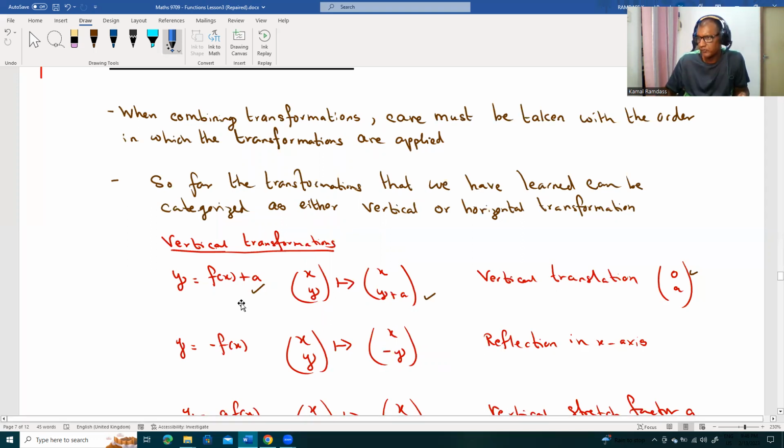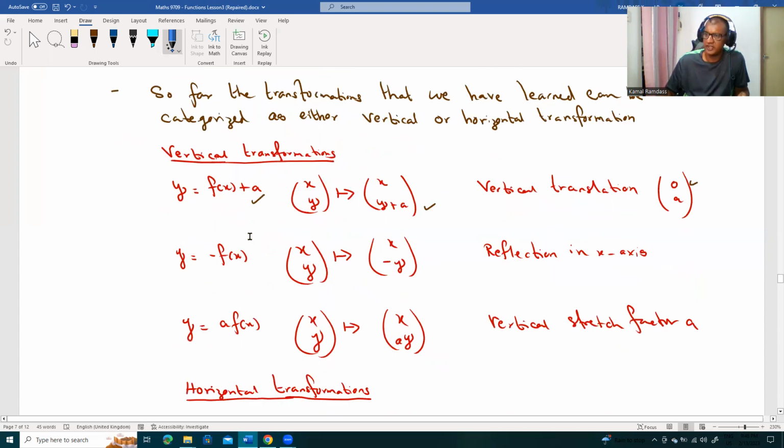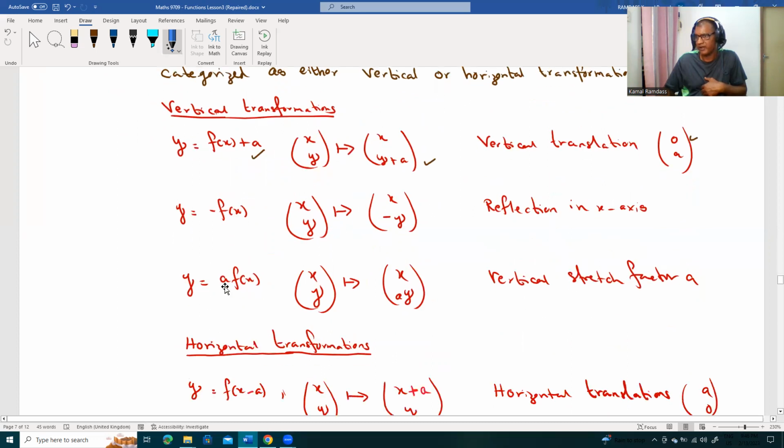The vertical transformations are translation by the vector (0, a), reflection in the x-axis, y = -f(x), or stretch parallel to the y-axis, y = a f(x), a vertical stretch with factor a.